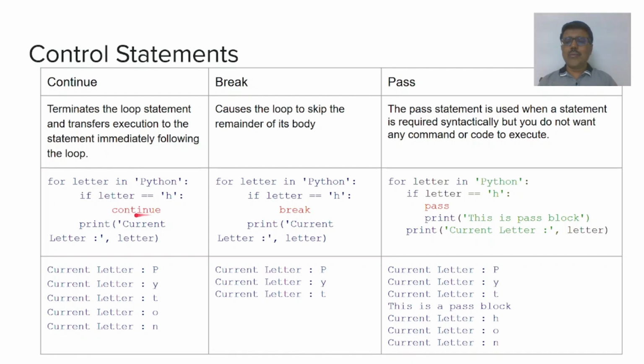When I say continue, what happens? This h will not be printed. Continue to the next set of things. So when it iterates next, it will go to O and N. You can see the output, print current letter: P, Y, T, but H is there and it ignores it, and then it transfers to O and N. It is printing it. Are you getting it here?